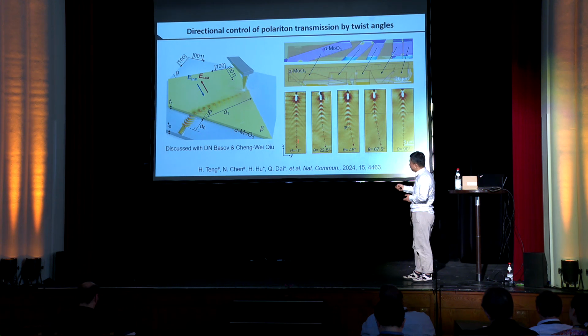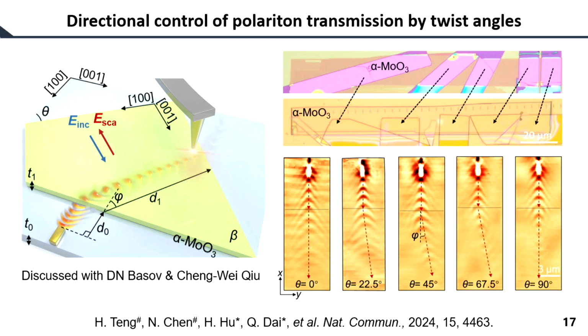And you can see this starts from the hyperbolic wave and continuously changes to something like the negative refraction we just mentioned. But there are some dependences on the twist angle, right? And there are some asymmetric modes here.